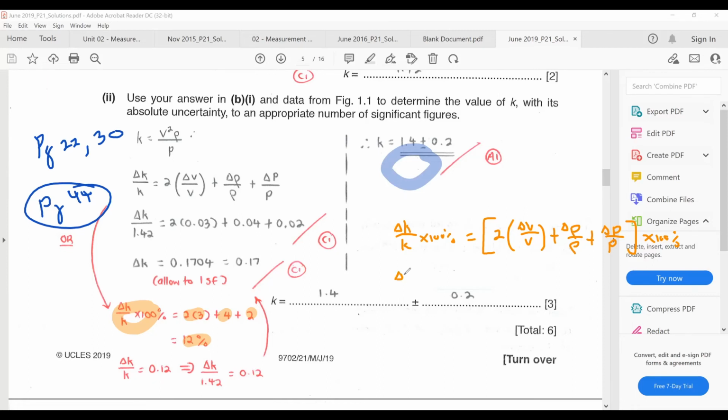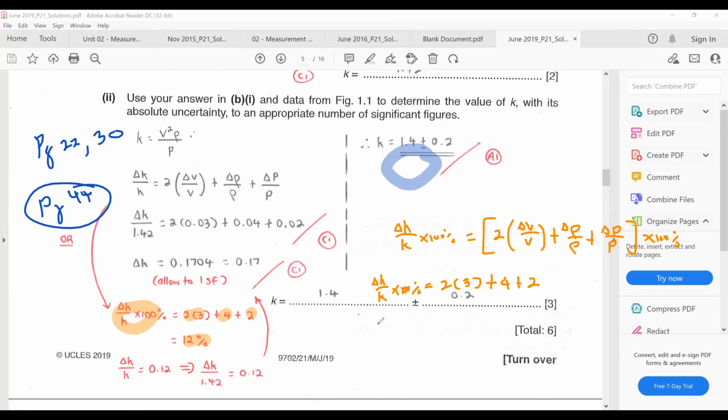So this will in turn be delta K over K times 100% equals 2 times 3 plus 4 plus 2.